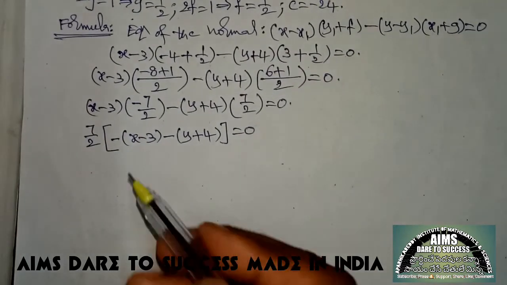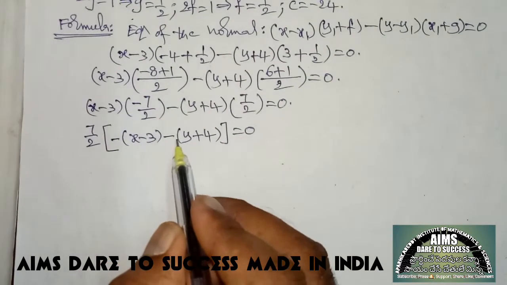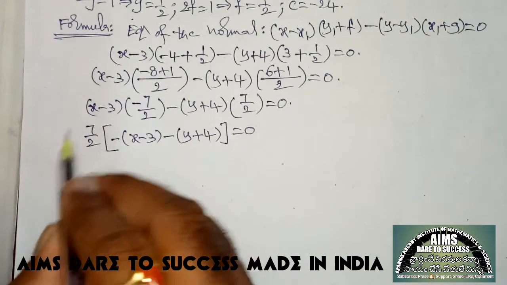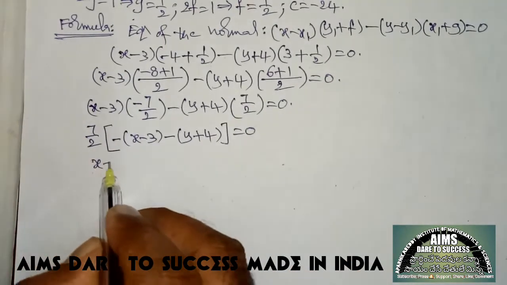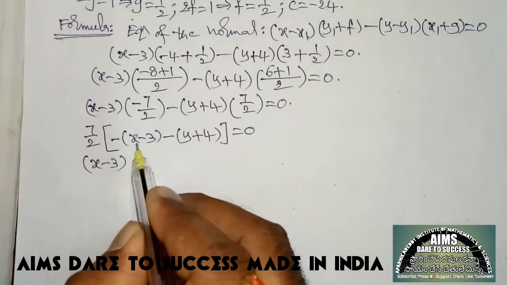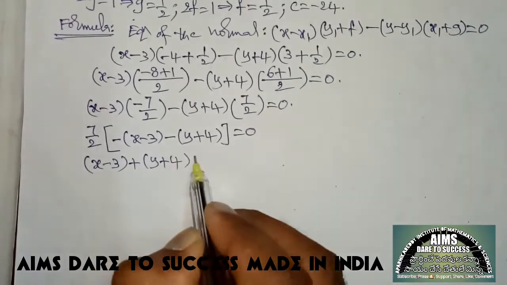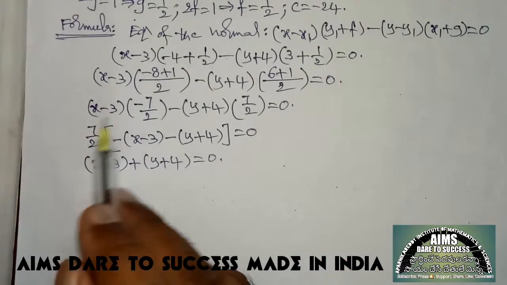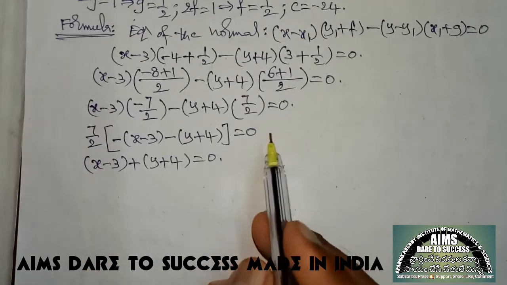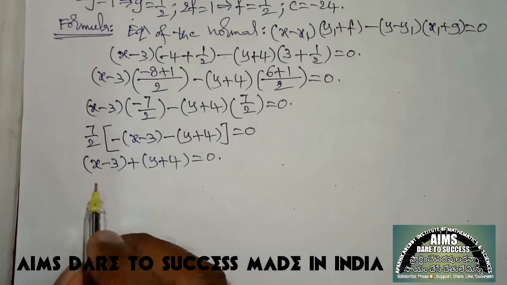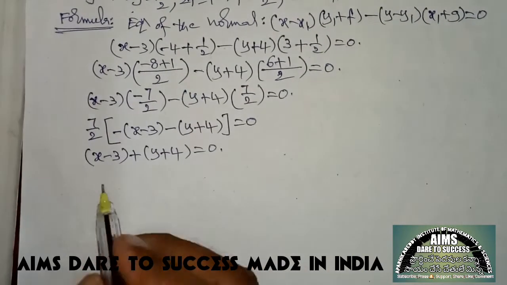Here you can verify, my dear students, both terms have a negative symbol common. So moving it to that side, x minus 3 plus y plus 4 is equal to 0.